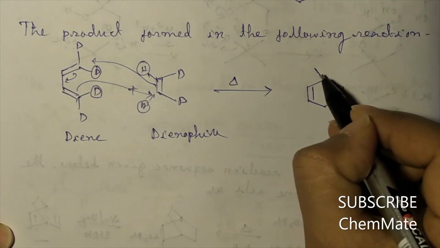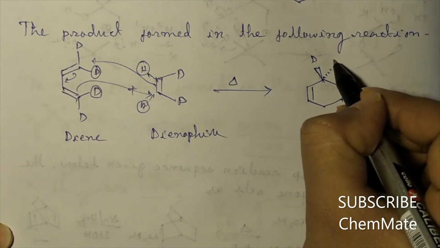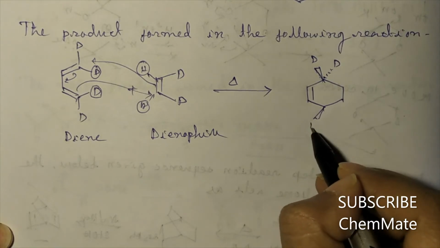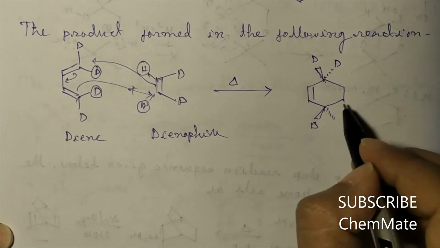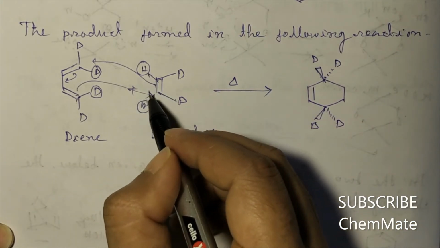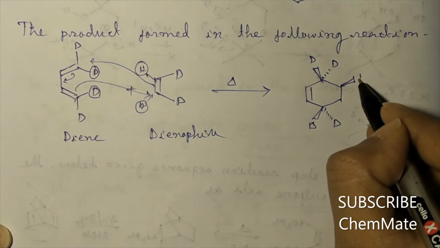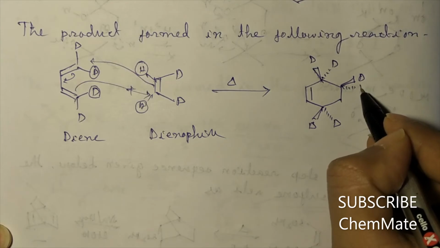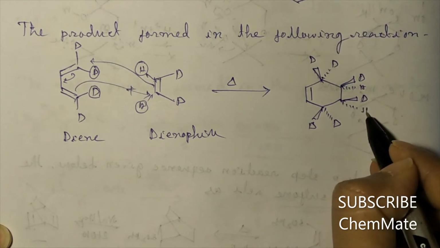here will be a deuterium above the plane and one below the plane. Here will be deuterium, one above the plane and one below the plane, and this hydrogen will go below the plane and this deuterium will go above the plane. So this will be the product.